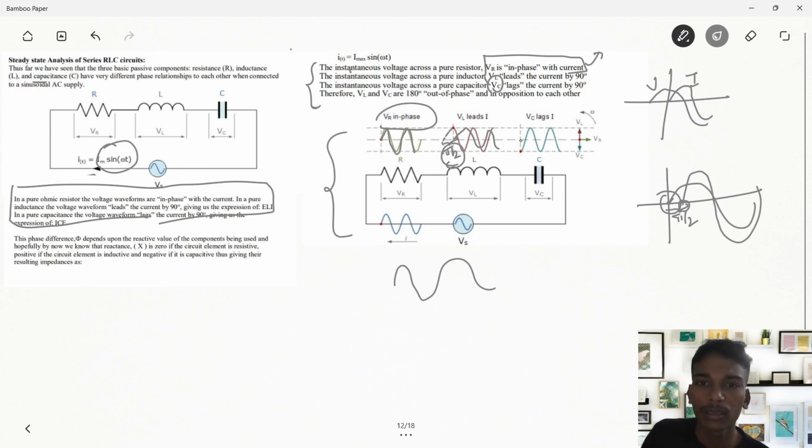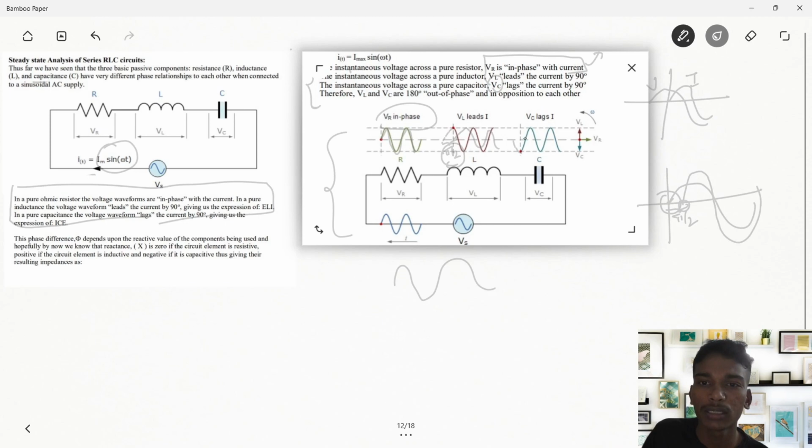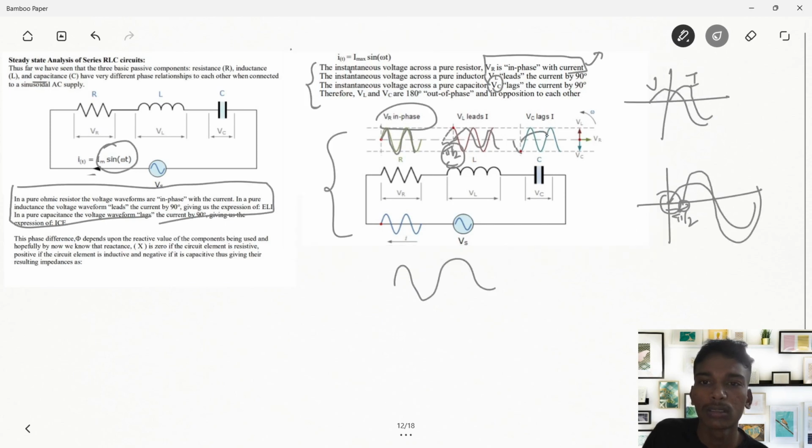And here, just see, this is where our current starts, right? But here it's starting from beneath the point where my current starts. So it's lagging behind the current. These are the basics of how AC circuits will look when it's pure inductance, pure capacitance, pure resistance. These are the variations we can observe.